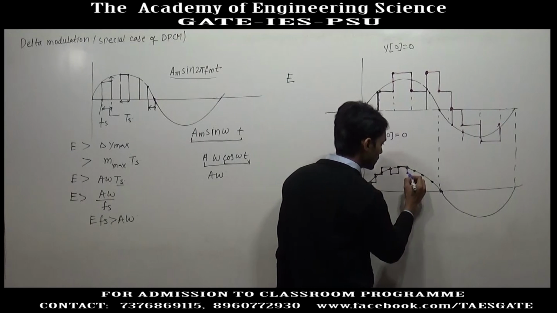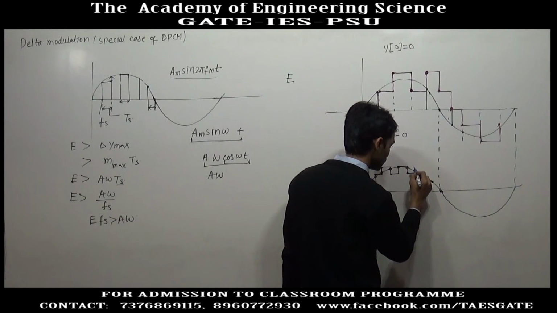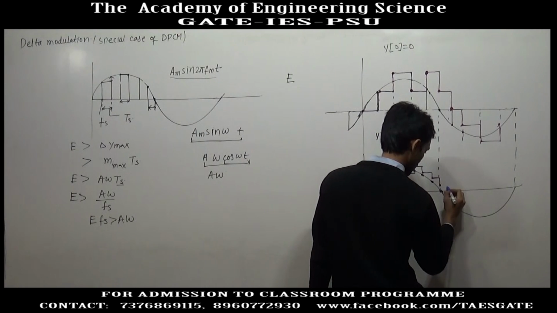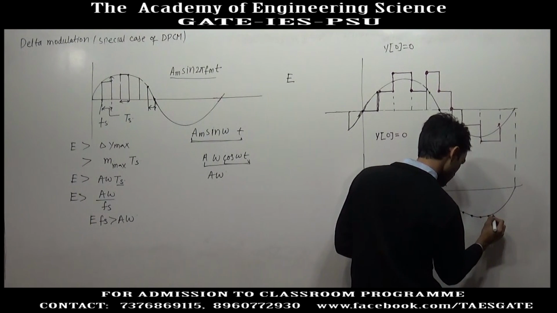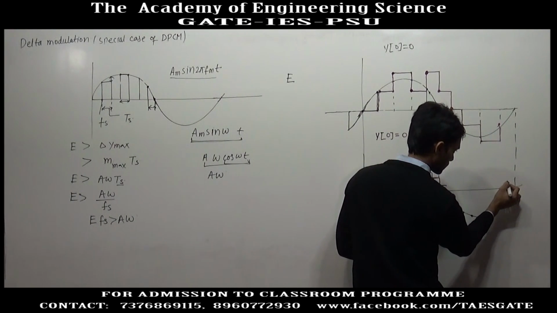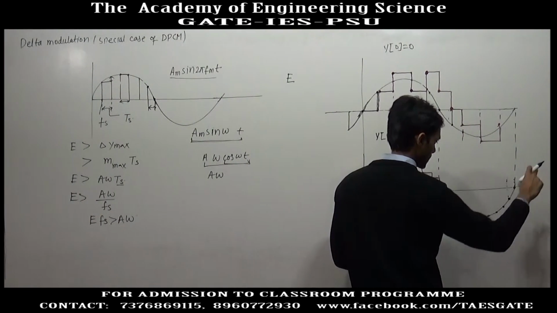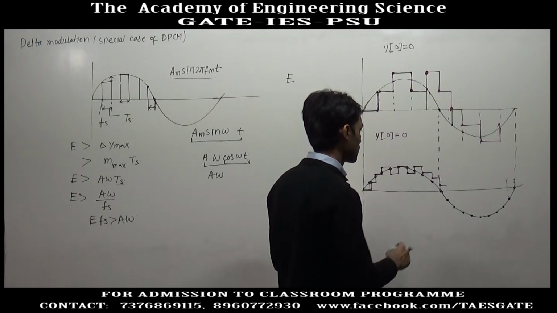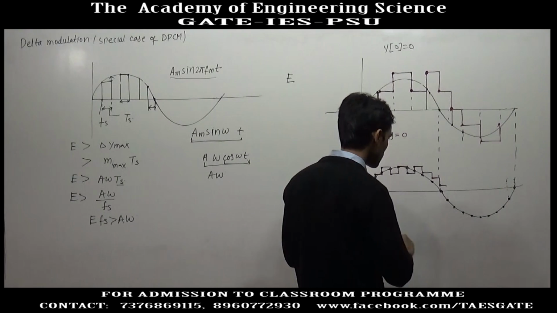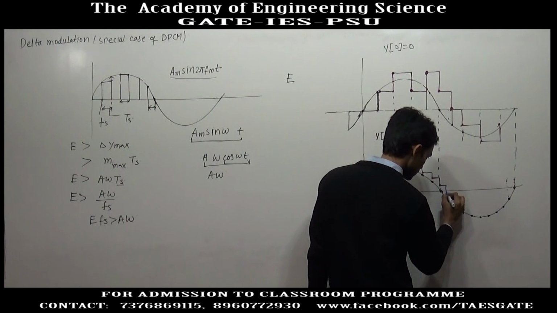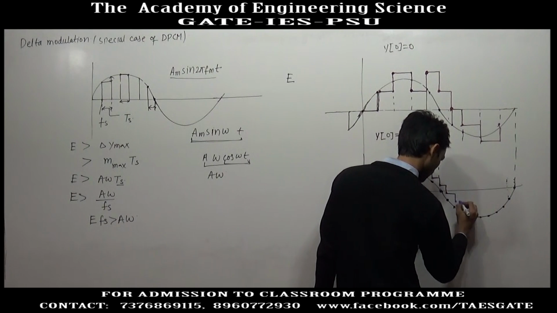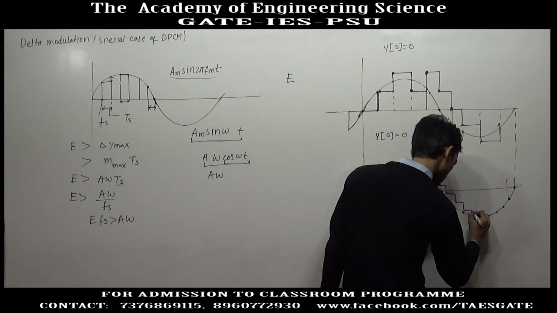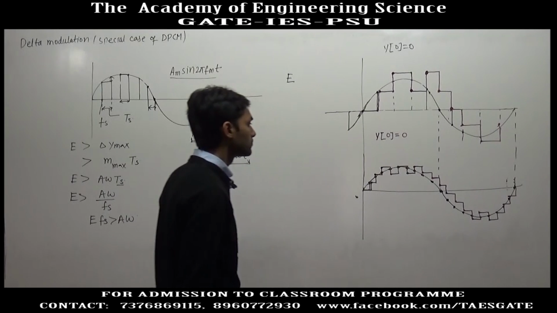So, I think now you can draw it very quickly, this kind of output. 4, 5, 6 and 10 is uniform in terms of x axis, not in terms of y axis, because the sampling frequency is fixed. So, here we will have this kind of graph.